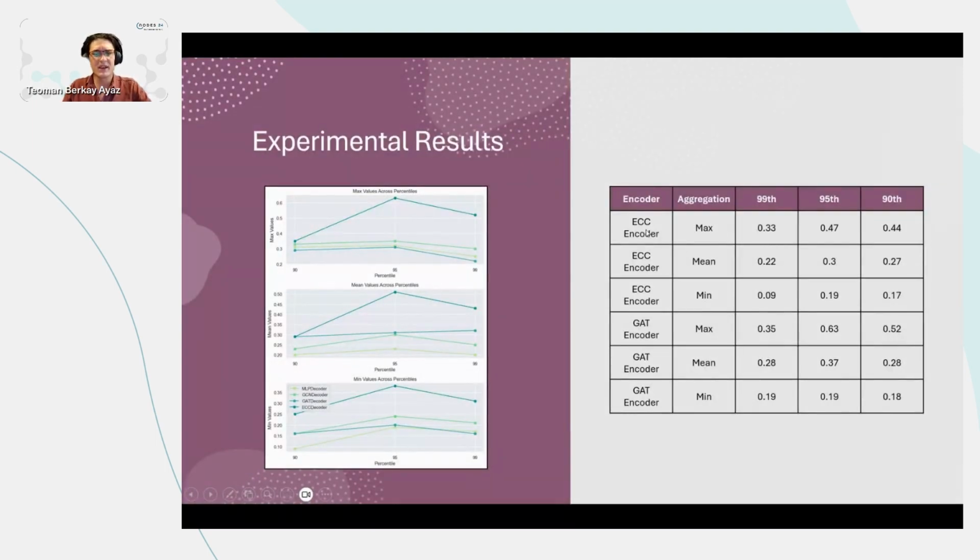And with regards to the encoder performances, we can see that when it comes to the encoding task, the graph attention-based encoder does significantly outperform its ECC-based counterparts, which does show us that the attention mechanism provides a lot more use when encoding the data into meaningful latent feature representations.